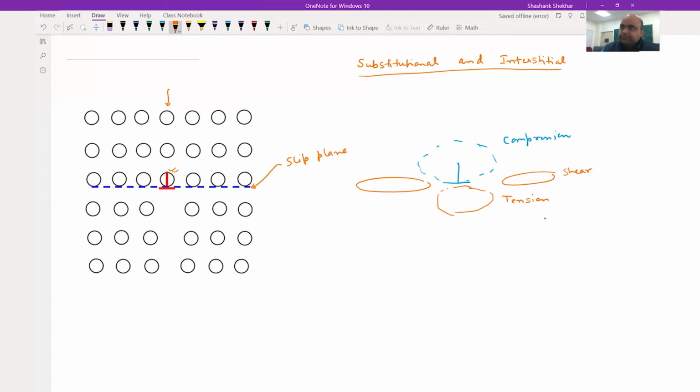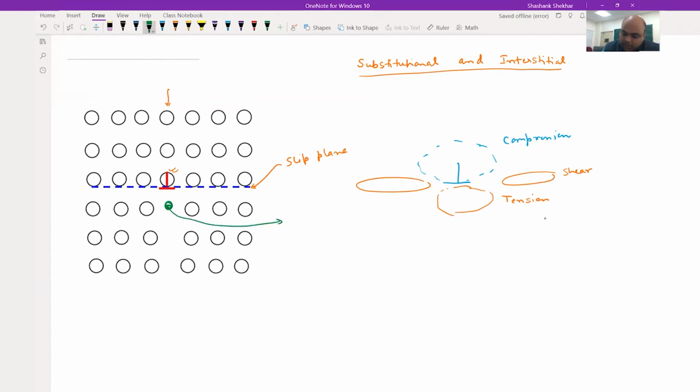Depending upon the size of the atoms, they are going to sit either in the compression region or the tension region. So the solute atoms are going to be sitting here.